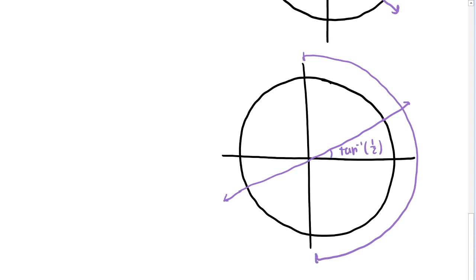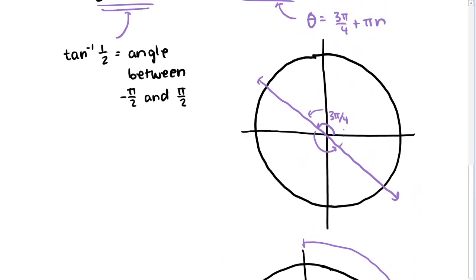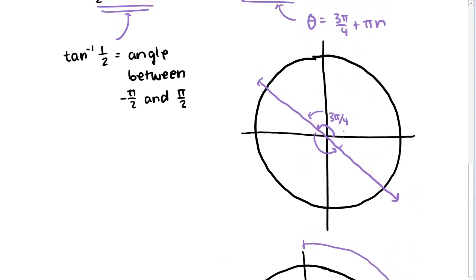But again, we get another solution anytime we're coterminal with this angle or on the other side of that unit circle. So here, really the solutions to this equation are, well, theta is equal to inverse tangent of 1/2 plus pi n.